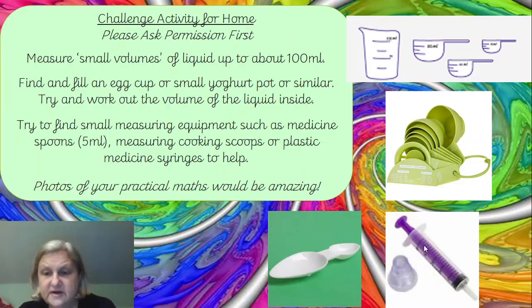Also, you might have a syringe at home, or some measuring scoops, or have a look if you've got one of those little dishwasher washing powder scoops. They often don't do that in milliliters. They're done in that volume measurement.